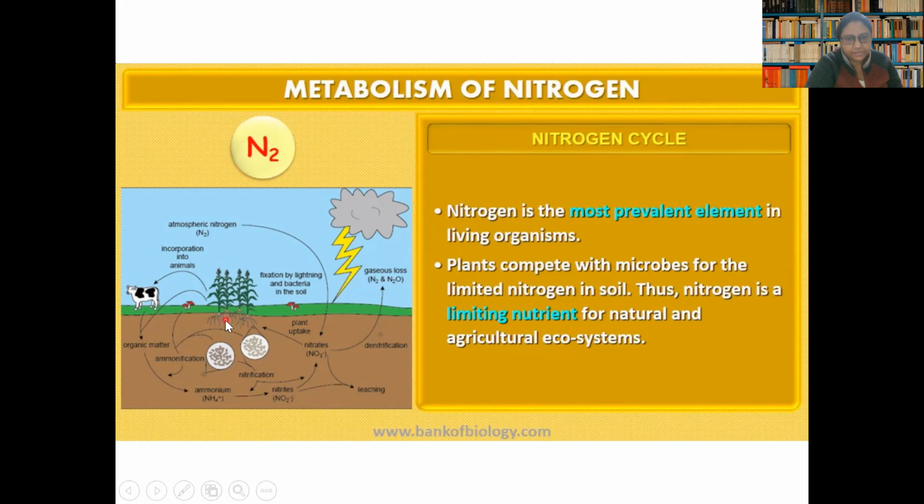As I said, atmospheric nitrogen is the main source, but the problem is plants cannot take it in the gaseous state. So the whole cycle is based on this concept.